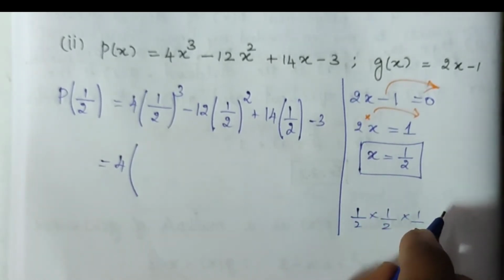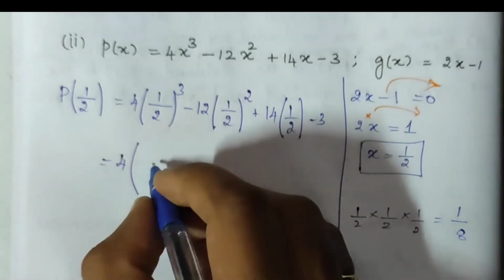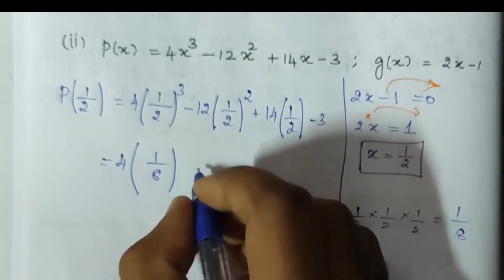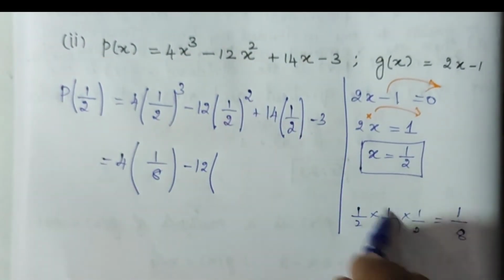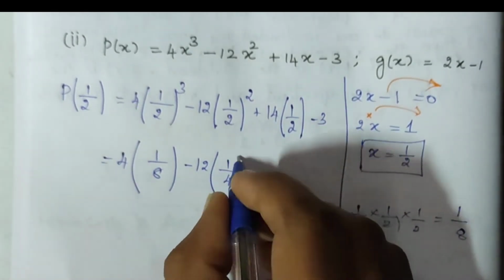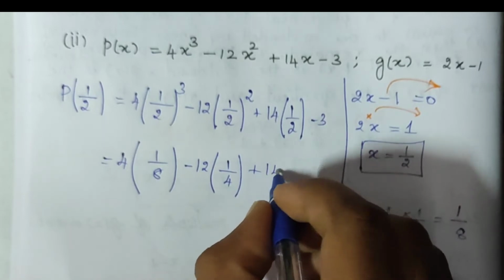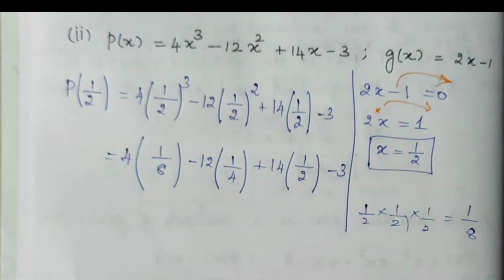When you multiply all the numerators, you will get 1. 2 2s are 4 and 4 2s are 8. So 1 by 8 minus 12 into 1 by 2 into 1 by 2. So 1 into 1 is 1, 2 2s are 4. So 1 by 4 plus 14 into 1 by 2 minus 3.